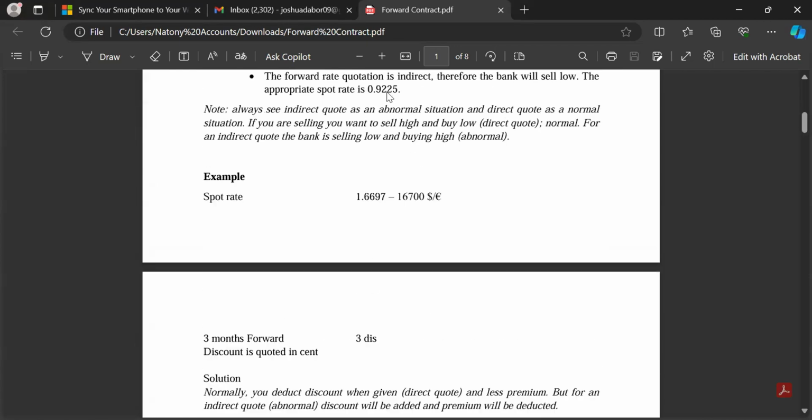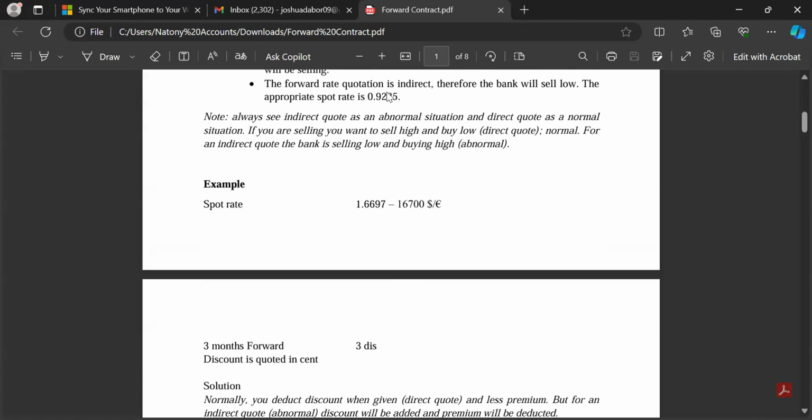So looking at this question, this is the spot rate. And it is quoted at a discount.